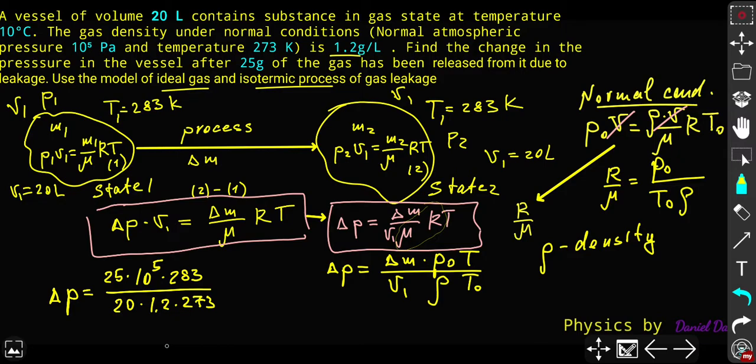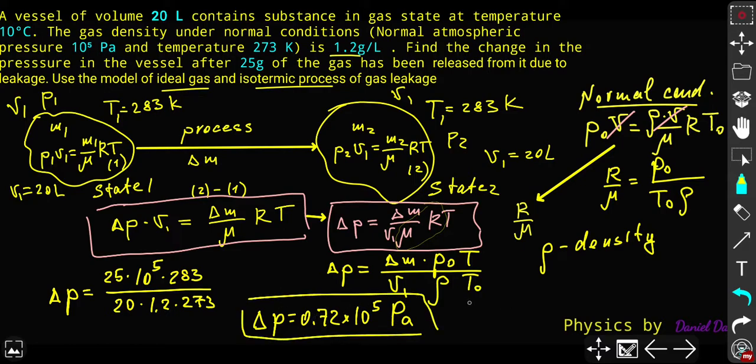So right, if you calculate that, what I'll get, change in pressure is around 0.72 to 1 decimal place times 10 to the power 5 pascals. All right, if you like, you can convert into atmospheres, but you understand it's simply divided by 10 to the power 5. So change in pressure is going to be around 0.72 atmospheres.